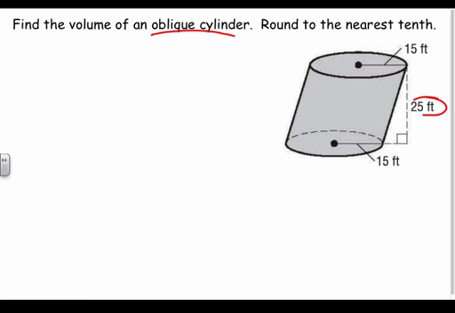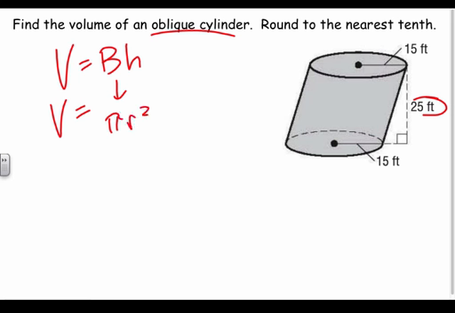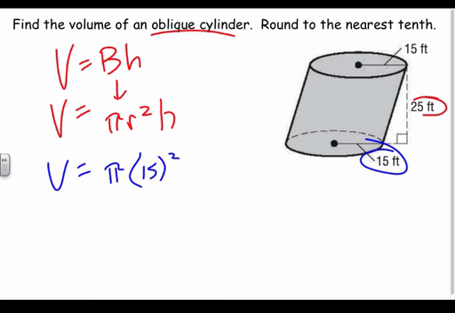So same type of thing. Area of the base times the height. And in this case, the area of the base is pi r squared. And then times the height of the prism. So plug in our information. So pi times the radius, which is 15. So 15 squared times the height of 25, which we just talked about. And then we just type it into our calculator.